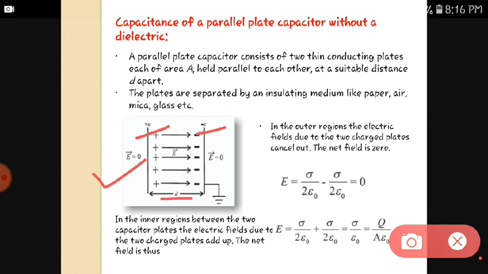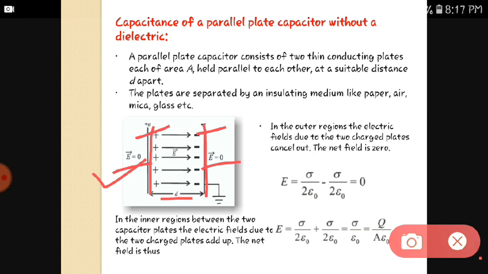Now as you can see, the electric field which is outside the metal plates has been given as 0. You can see over here it has been given as 0. Why does it become 0 over there? Because when a charge plus q is given to the first plate, it induces a negative charge on the other plate, right?